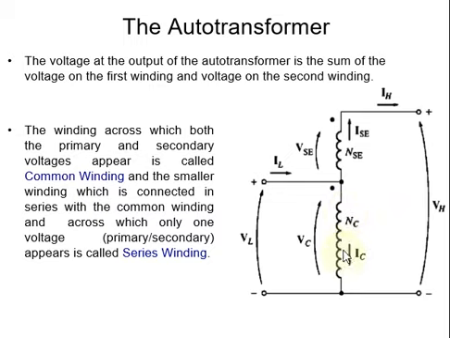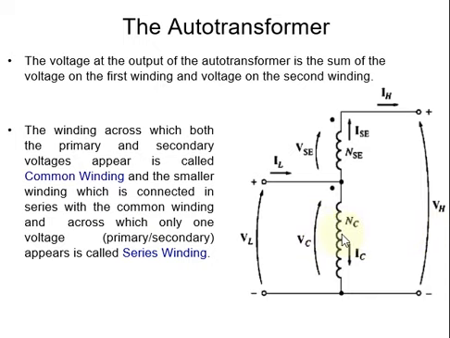The common winding is the winding across which both the primary and secondary voltages appear, because in this winding you can see that it is connected to the primary voltage as well as the secondary voltage.